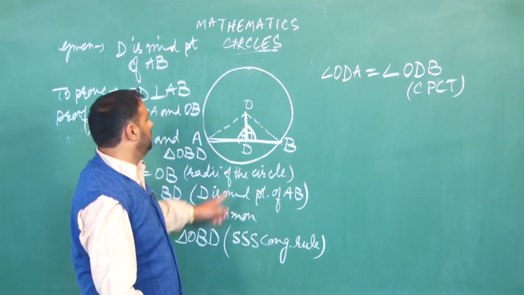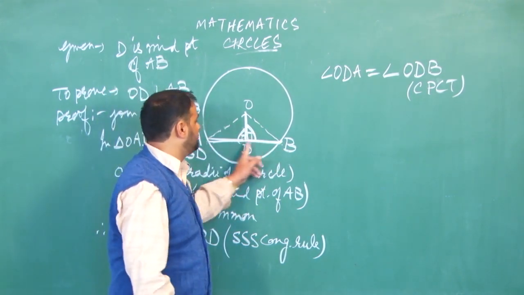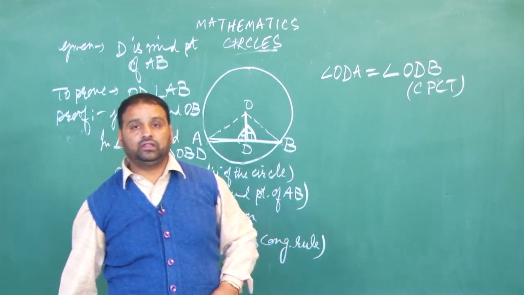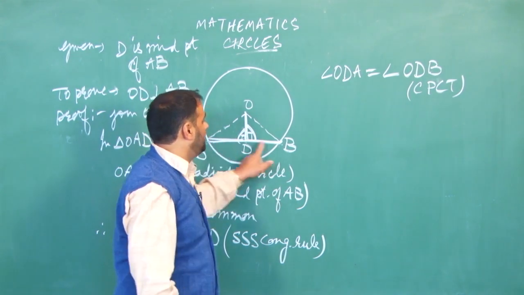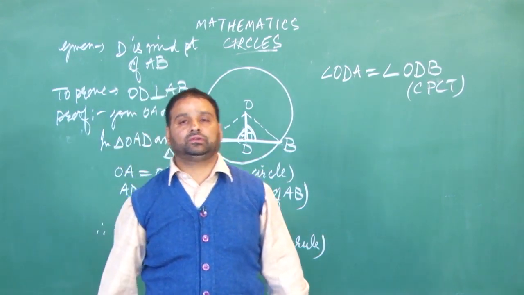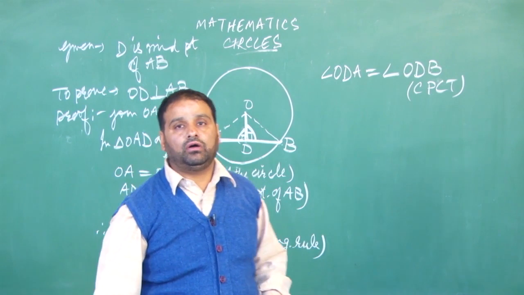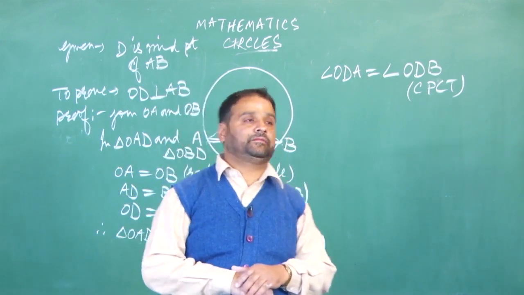Now you can find out both these angles lie on the straight line AB. And when any two adjacent angles lie on the same line, their sum is always equal to 180 degrees. We call them a linear pair of angles.